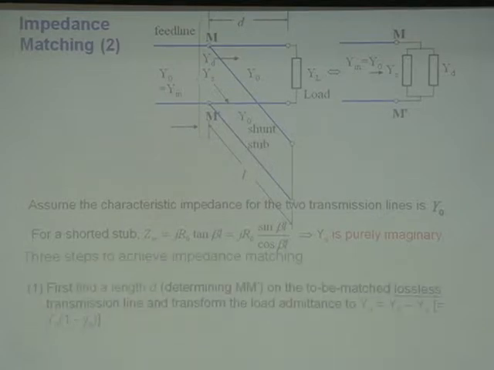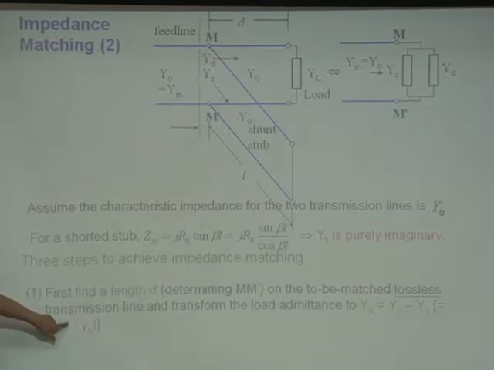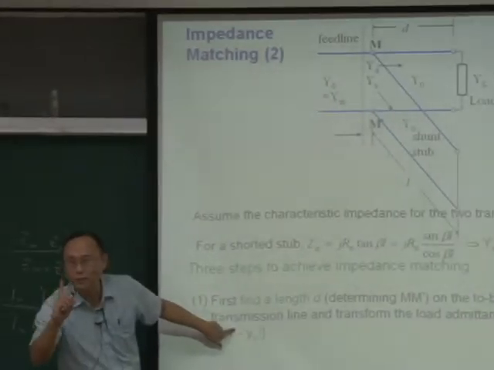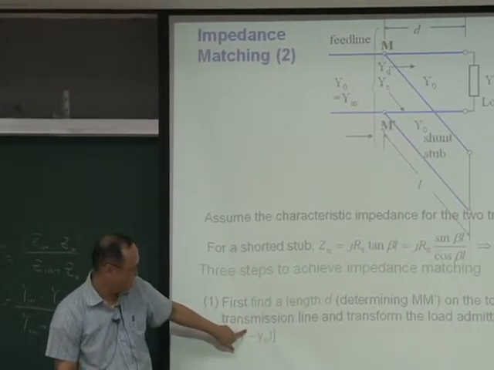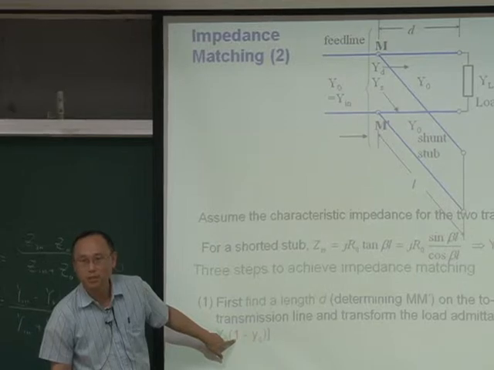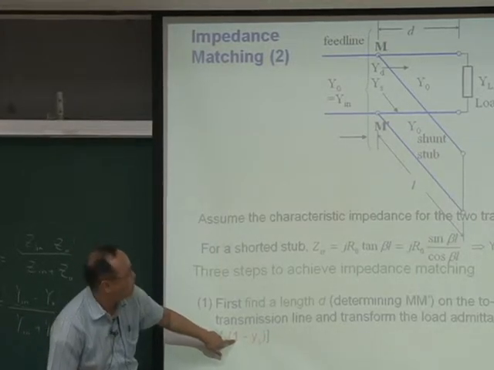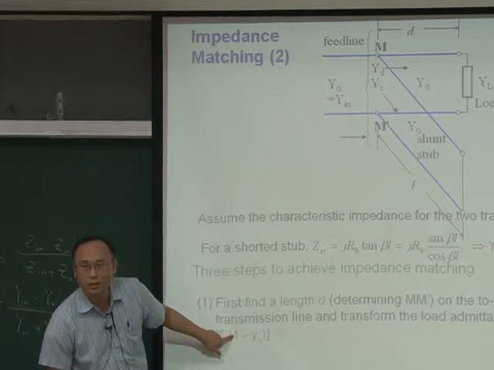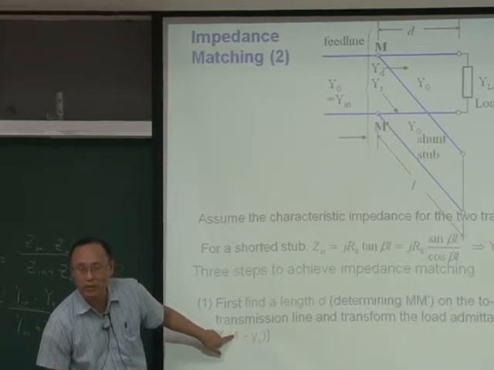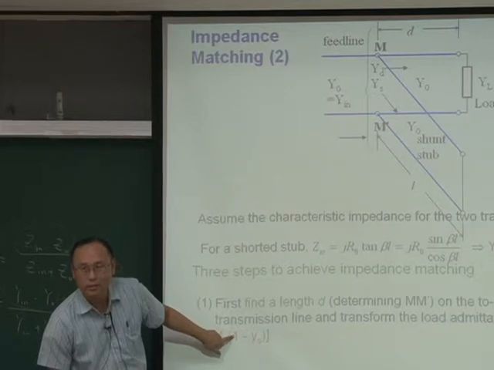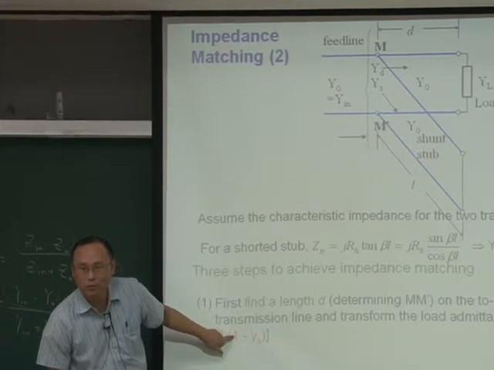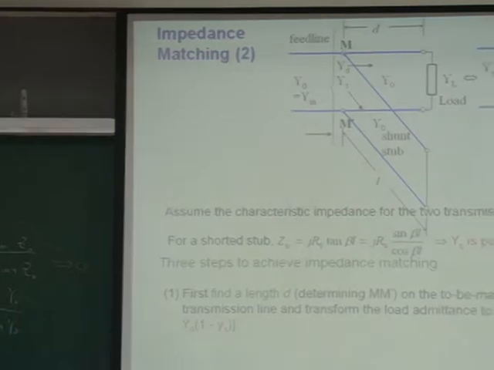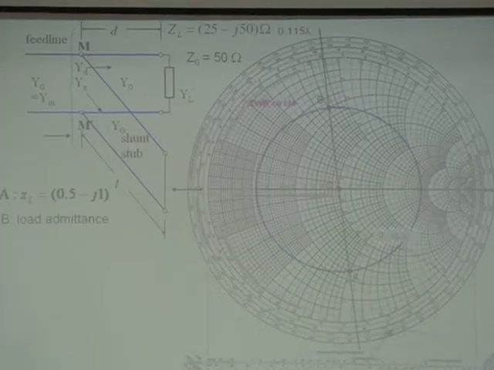The first step is that you want to find D so that the real part of your load admittance is equal to 1. This is the first step: you find D, and then the input admittance at that point has a real part equal to 1. So let's come down.